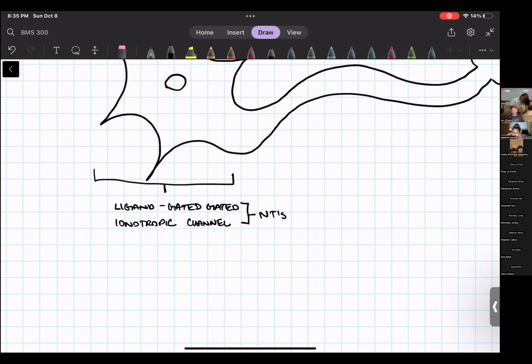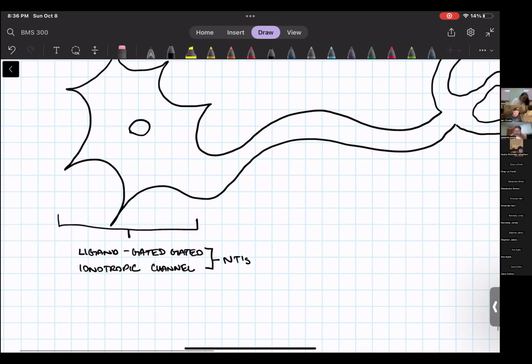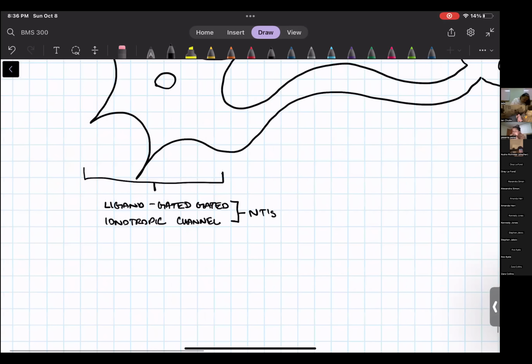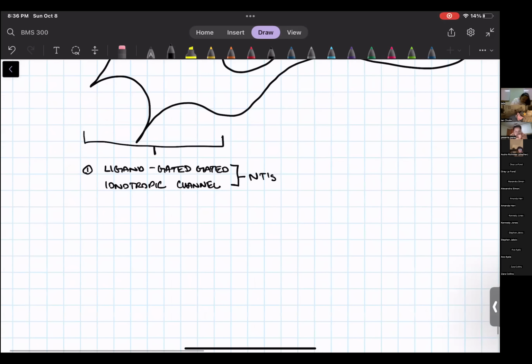And when the neurotransmitter binds, does it go into the cell? No, it triggers a graded potential, which may open the voltage gated channels if it's big enough. That's great. There is one more channel we're missing, though, that's in the input region.